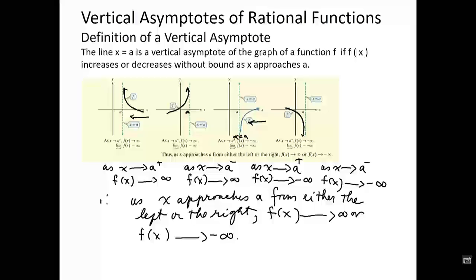And when this occurs, the line x is equal to a is what we call a vertical asymptote.